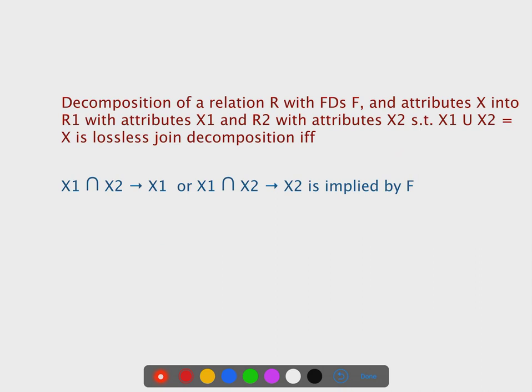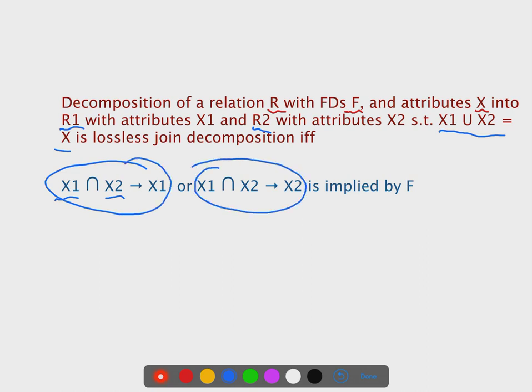And the if and only if condition for lossless join is this: when we have a relation R with functional dependencies F and attributes X, let's say that we decompose this relation into R1 and R2, again such that the union is equal to X. This decomposition is a lossless join if and only if the intersection of the schemas of the sub-relations is either a key in R1 or a key in R2.